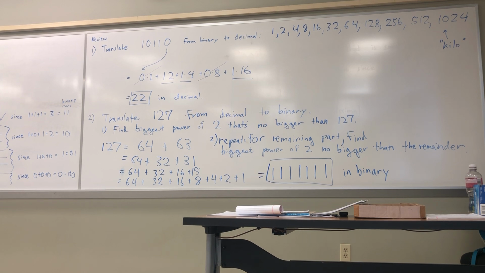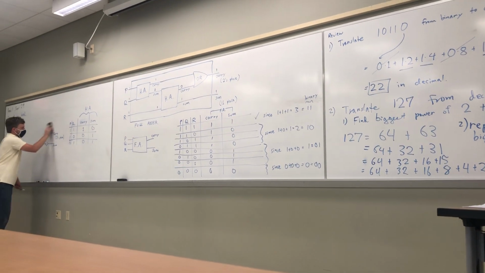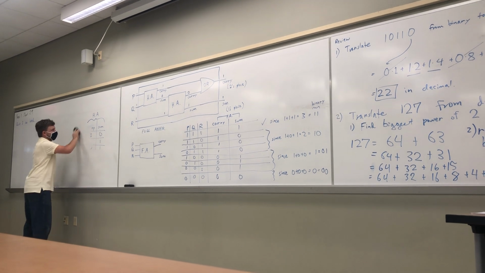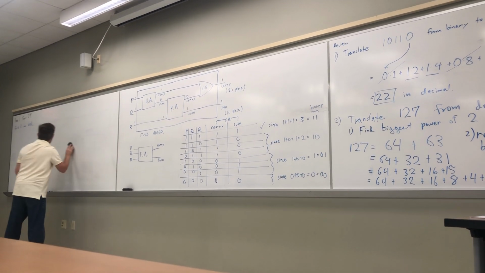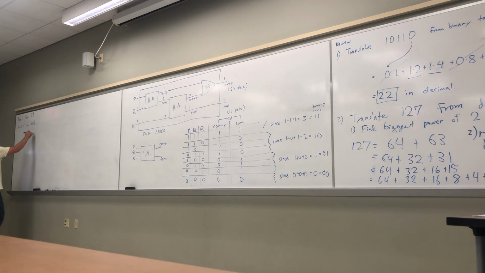So I think we mentioned that shortcut before, but here it is specifically. This happens every time, and the number of 1s is always the same as the power of 2 that you worked on. So here's that shortcut.